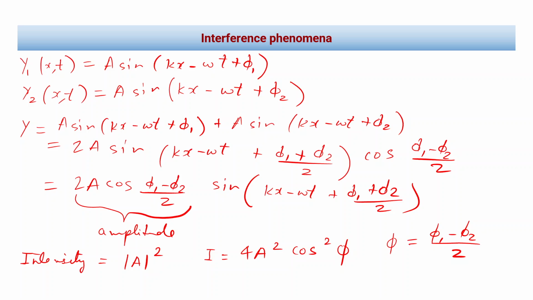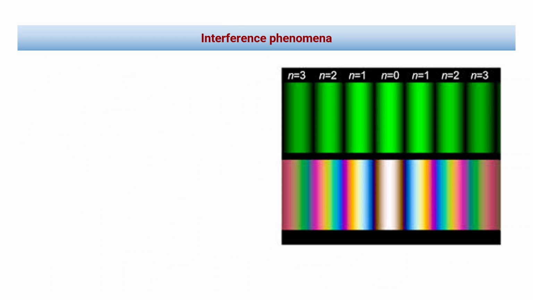Now since this is 4a square cos square phi, and the phi value can go from 0 to 360, that is 0 to 2 pi, let's see how the intensity changes for this resultant wave as the phase difference goes from 0 to 2 pi.